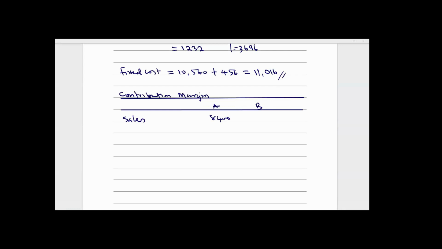So in this case, what are you supposed to do? First thing first, if selling price reduces, all you are supposed to do is multiply the revised selling price with the units sold. But the units sold is not given in the question. So first, you need to determine the units sold.